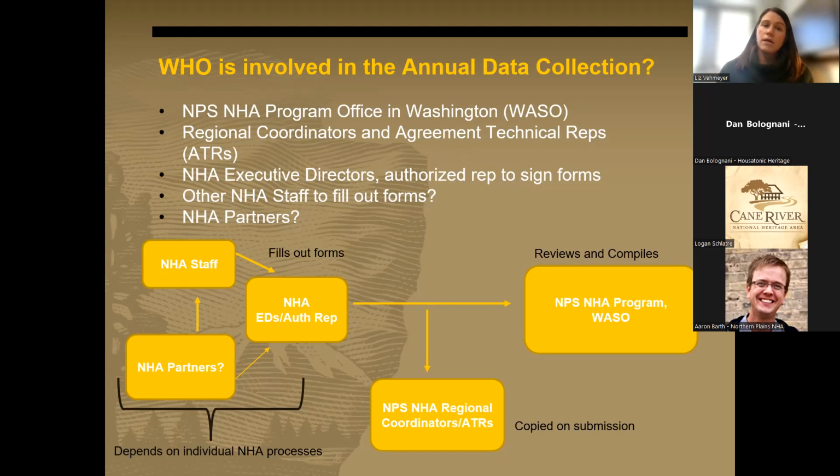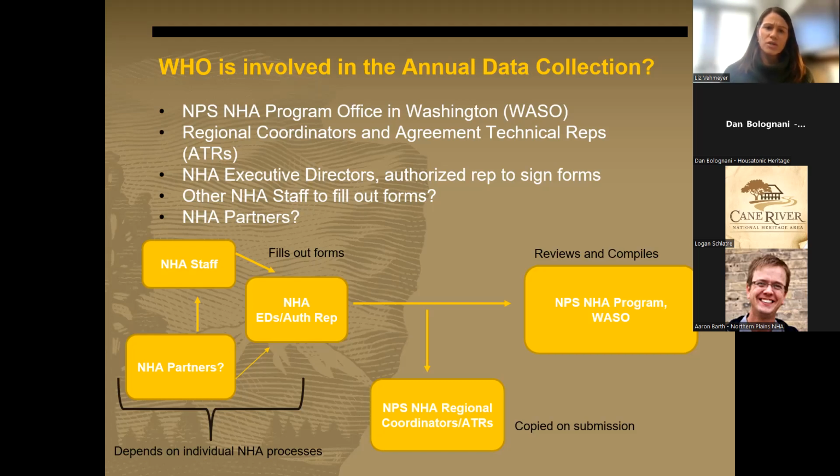Then there's the National Heritage Area, usually executive directors, who is typically the authorized rep to sign off on the forms. You may have other NHA staff to help fill out the forms, whether that's an admin or operations person or a grants or budget person. Some NHAs may look to partners to provide some of the data that the forms ask for. That's up to you about how you need to gather that from partners or in your own record management.